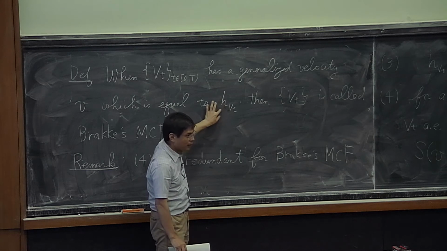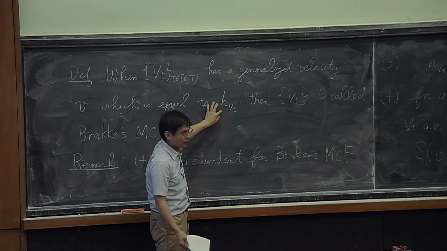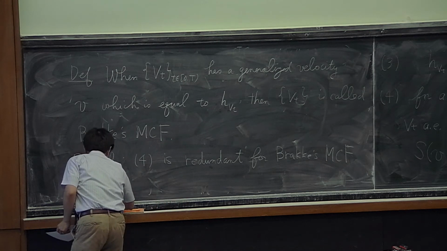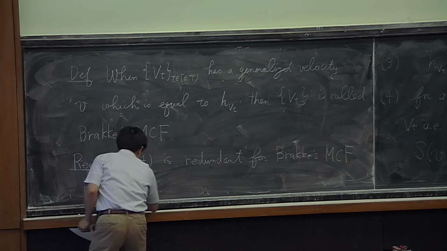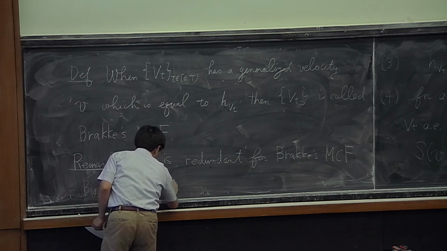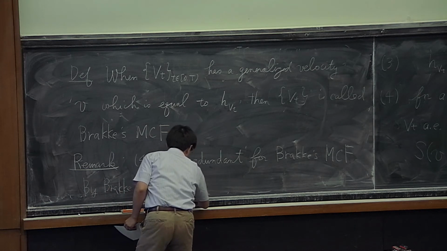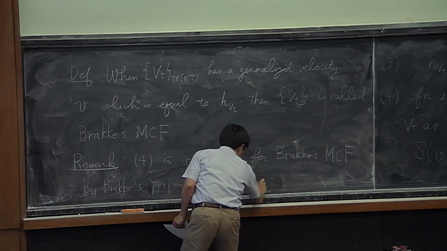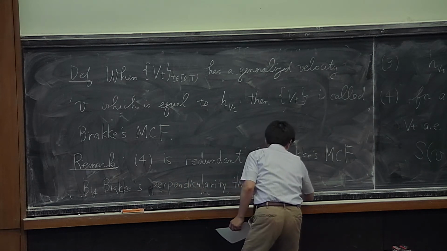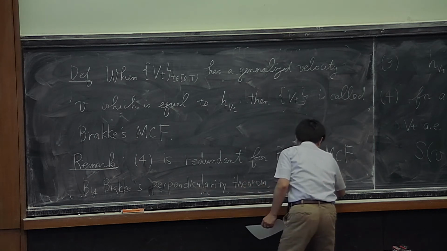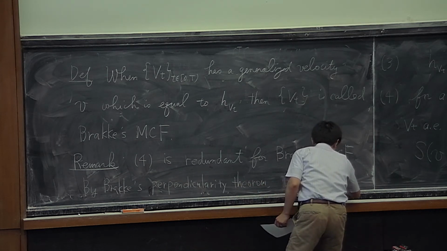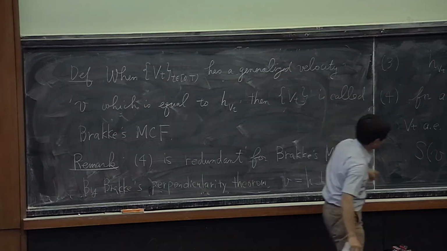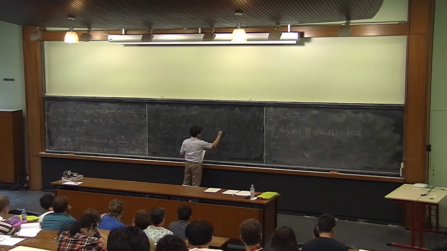Because of the perpendicularity theorem that I explained at the end of yesterday's lecture, by Brakke's perpendicularity theorem, this V, which is now the mean curvature, is actually normal to the tangent space MT, which is given in this relationship.